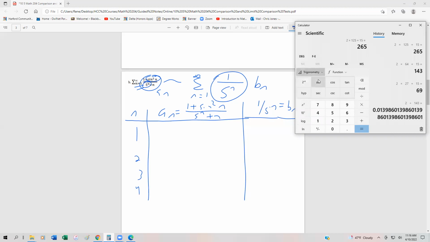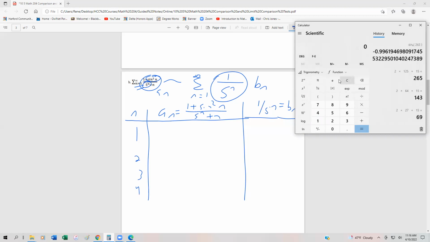So we type in 1, take the sine of that value, square it, and add 1. Basically, the numerator is just about 1.